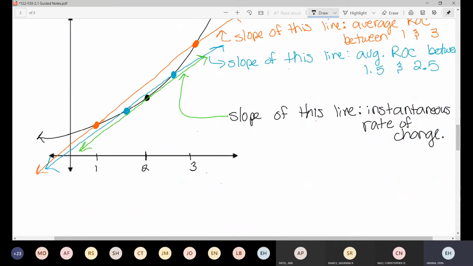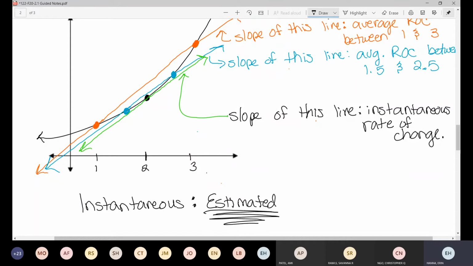The unfortunate thing is, instantaneous rate of change is estimated using average rate of change. So we calculate the instantaneous rate of change by using an average rate of change, but it's because that's the best we have right now.